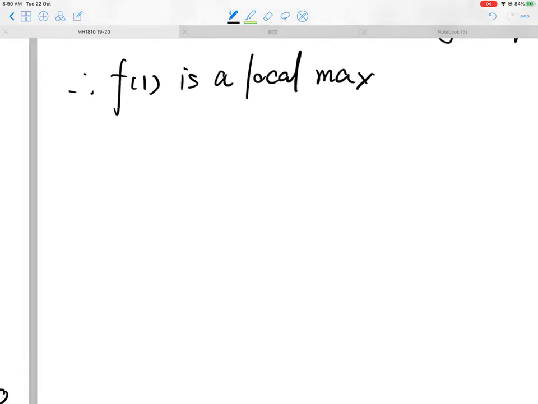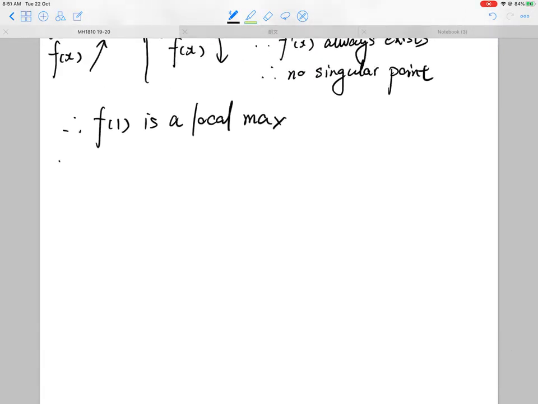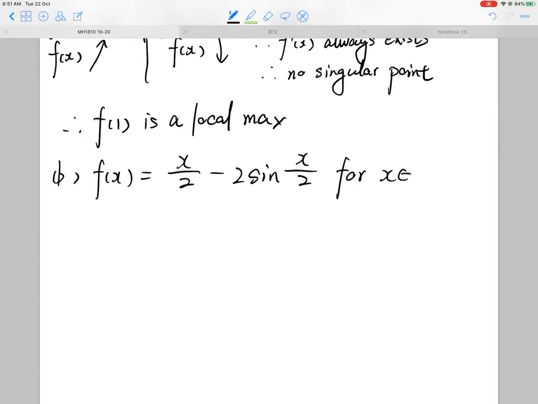Then let's do part B. Again, the derivative is half, minus 2 cosine x over 2 times half.